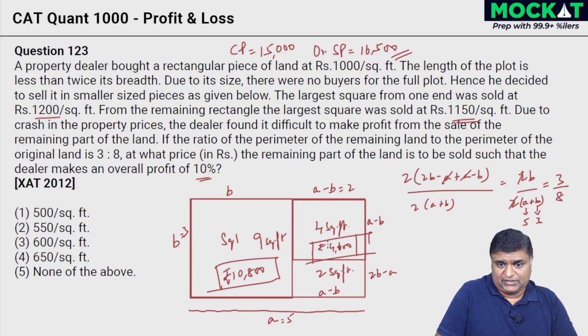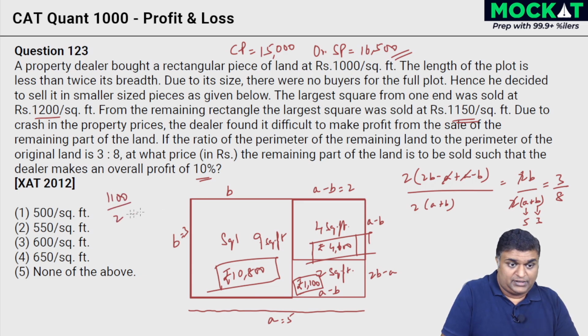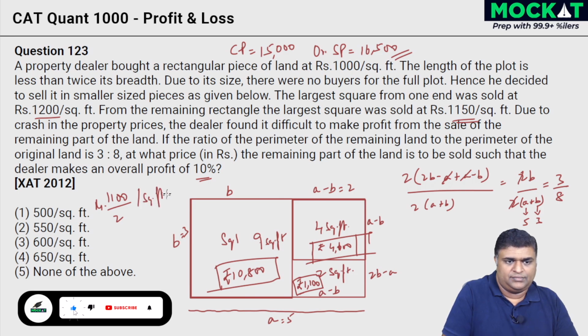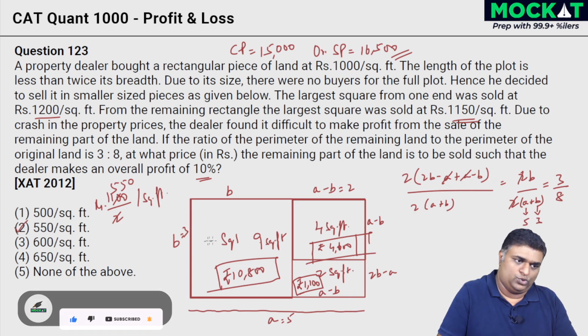That's going to be 15,400. Now 15,400 plus something should give me 16,500, and that's 1,100, right? So this should be totally sold for 1,100 rupees. 2 square feet is selling for 1,100. If 2 square feet is selling at 1,100, 1,100 by 2 is the rupees per square feet. 1,100 by 2 is nothing but 550 rupees per square feet. Option 2 is the answer here.